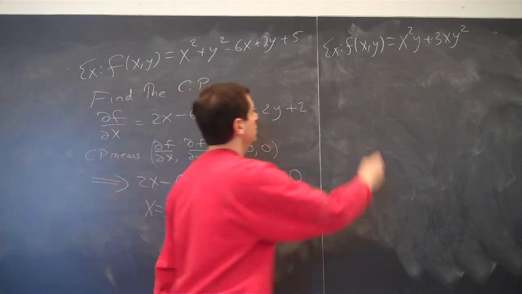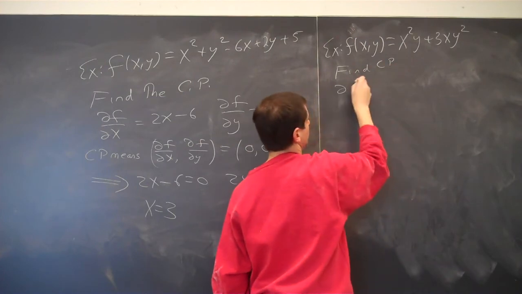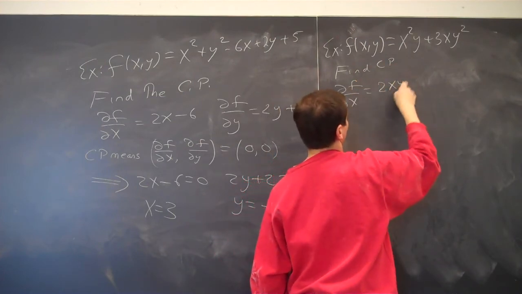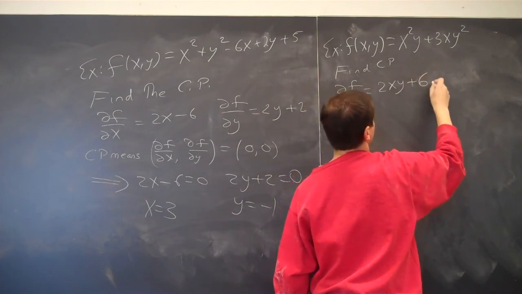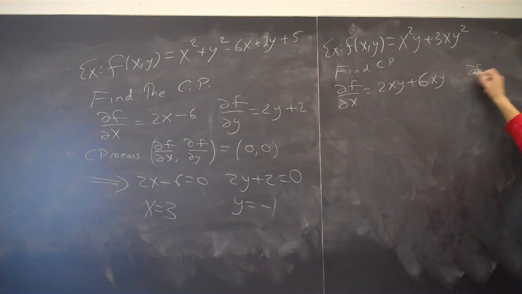Yeah, find the partial derivatives. So find critical points. So df dx is going to be 2xy plus 3y squared. df dy is going to be x squared plus 6xy.